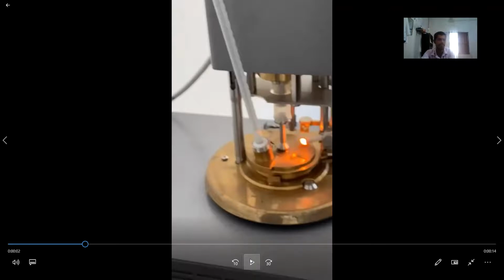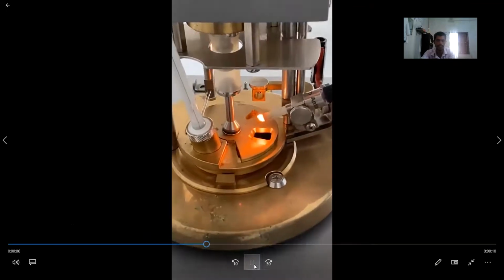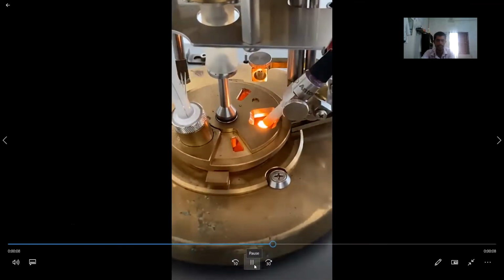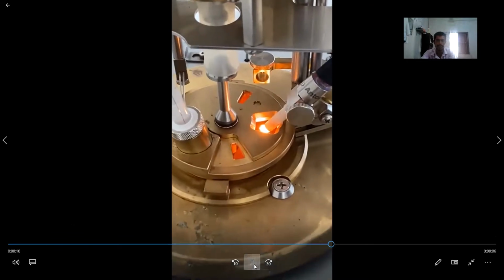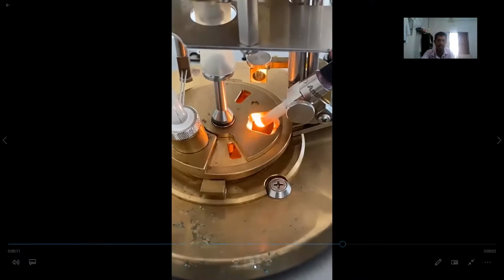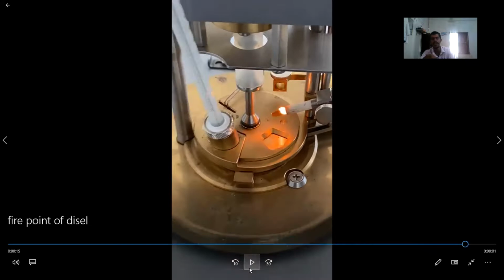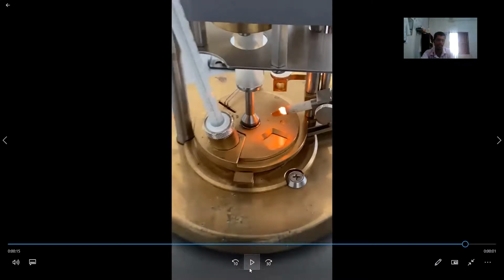So that is not the flash point, I think that is the fire point. You can see there is still a blue color flame, right? And it is just above that flash point, like 90 degrees Celsius or something.